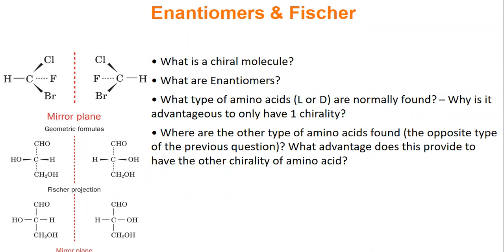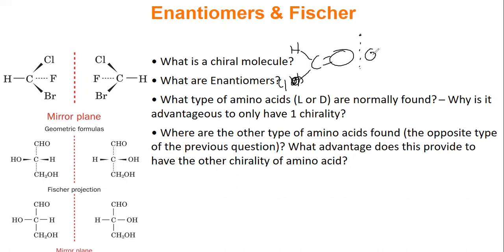Once you lose the tetrahedral structure, and you lose it by having a double bond, when you have only 3 groups attached to carbon, that's going to be in a plane. You're not going to have groups coming at you or going away from you. So I can even make this one Cl.